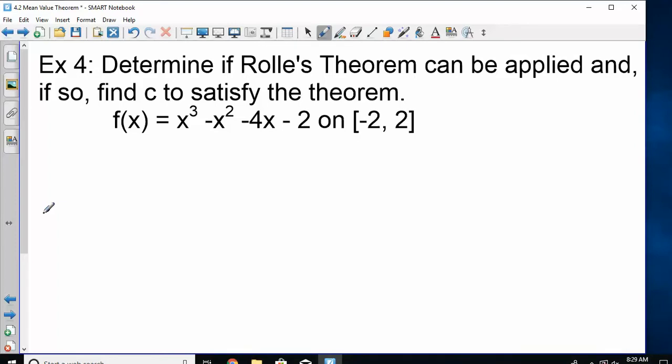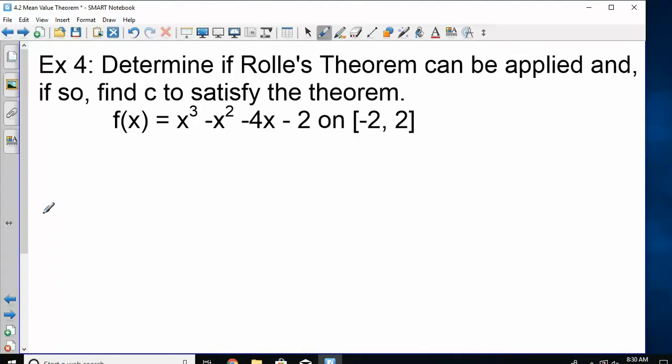What kind of function is this? It's a polynomial. If you remember back at the beginning of the year when we talked about being continuous and differentiable, polynomials are always continuous and they are always differentiable.